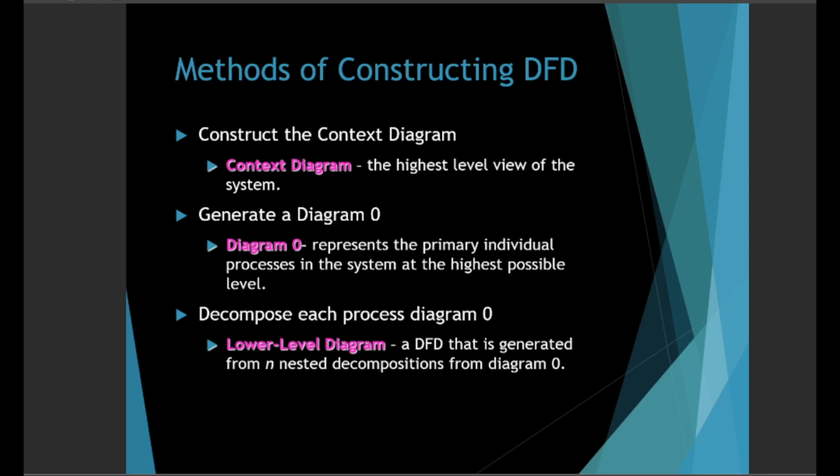Our topic for today is all about the different types of flowcharts and diagrams. We'll start with the discussion on the data flow diagram. A data flow diagram has different levels. As we recall, a data flow diagram shows us what a system does, but not how it does it.